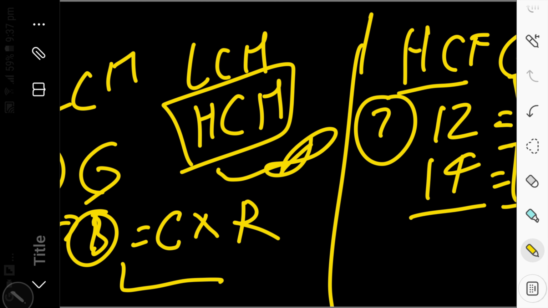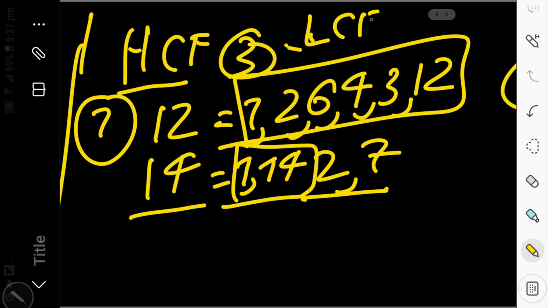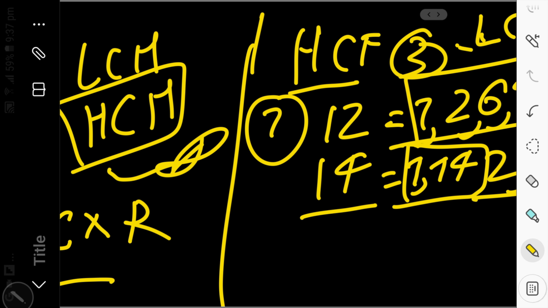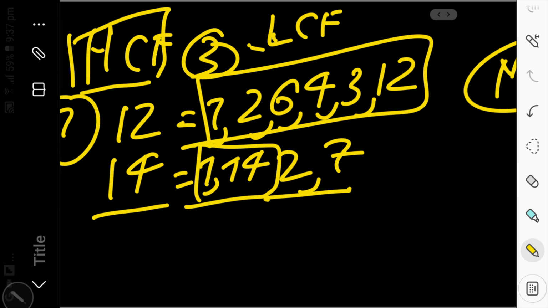But we can find the HCF because there is a limited number of factors, it is not infinite. That's why we use HCF, highest common factor.